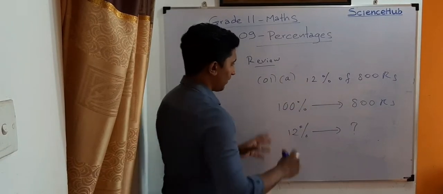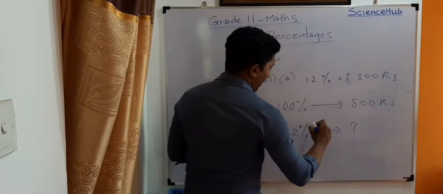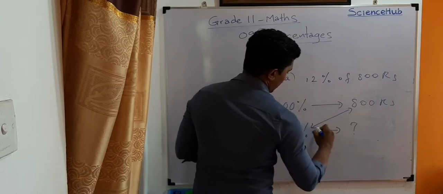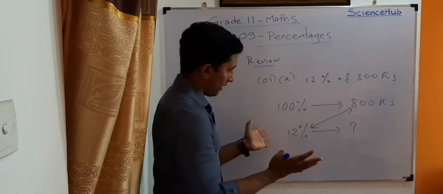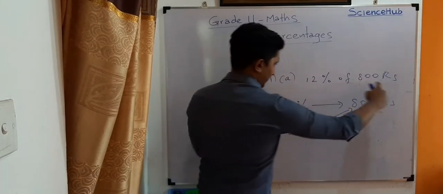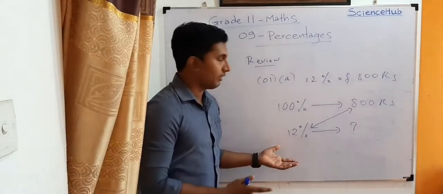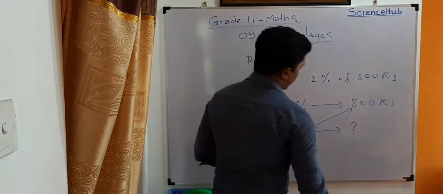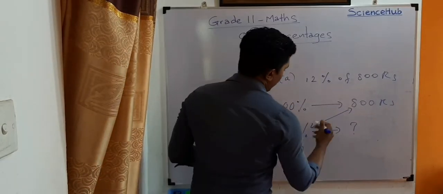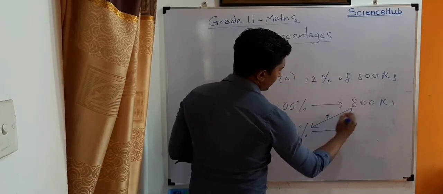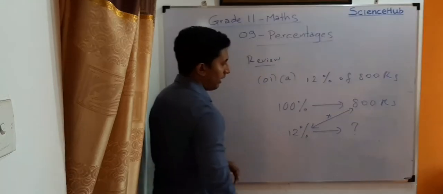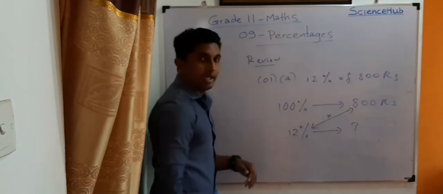At the beginning you have to write this statement, and then you can multiply these two numbers together and divide by 100.